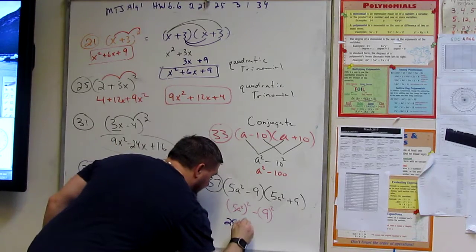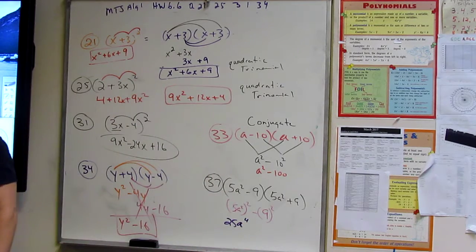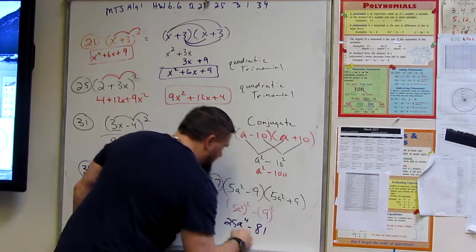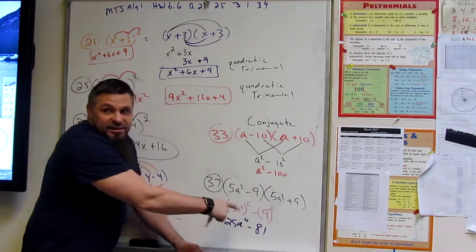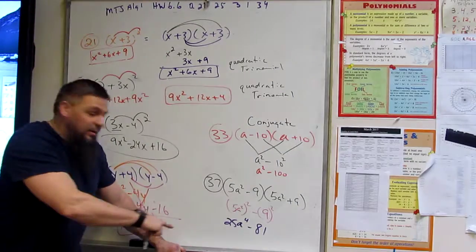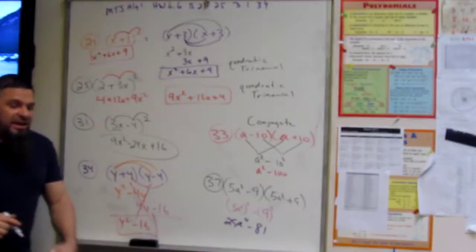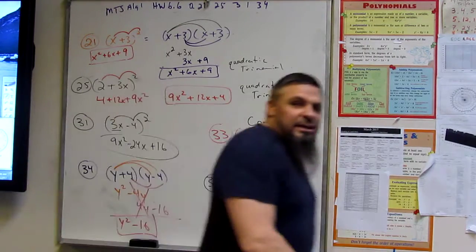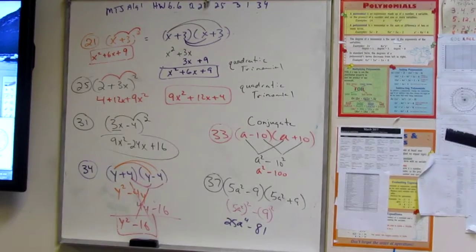Yeah, a to the 4th. So what's 9 squared? 9 times 9? 81. See how the negative is not in the 9? So I don't worry about that negative being squared. So that's it. 25a to the 4th minus 81. That's it. Okay?